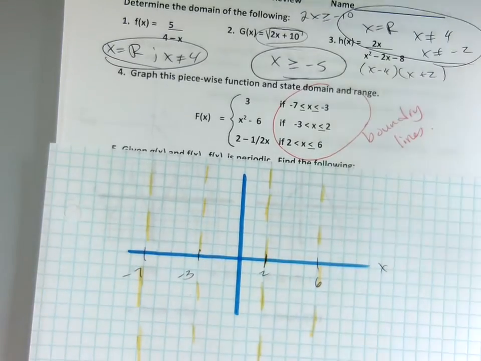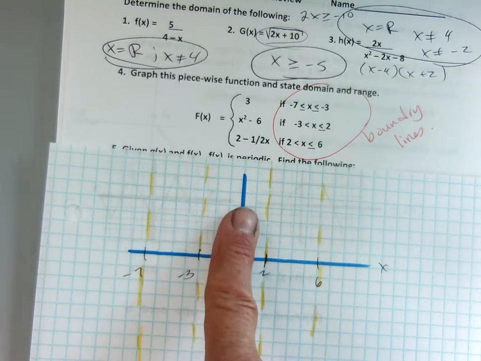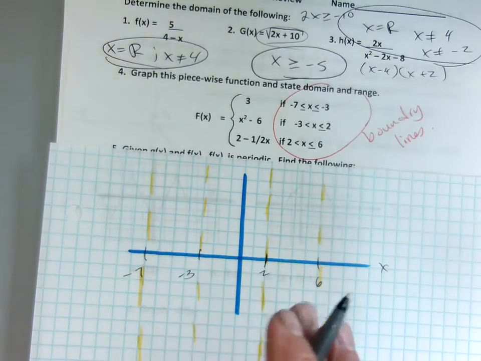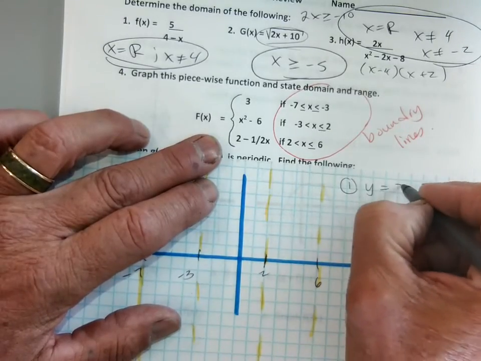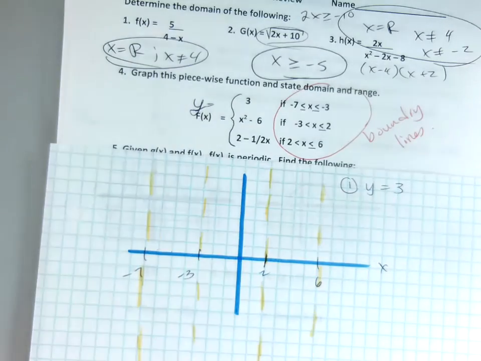I have 3 graphs. I'll put the first graph in region 1, the second graph in the middle region, and the third graph I'll put over here, okay? So the first graph, region 1, is really going to be y equals 3, because we know f of x and y really mean the same thing. It's a function, f of x and y are the same thing.